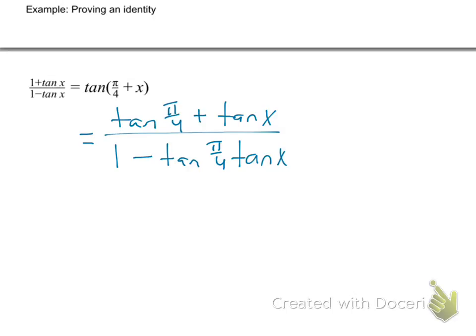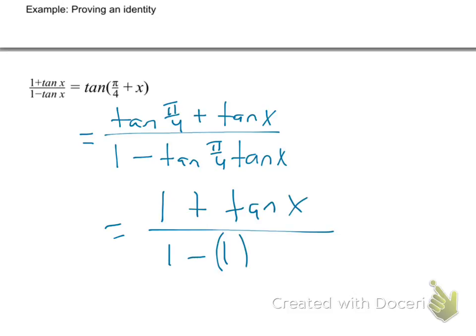But like I was saying before, when we were looking at this and trying to evaluate things, hey, wait a minute, what is tangent of pi over 4? Tangent of 45 degrees. It's going to be 1. So this ends up equaling 1 plus tangent of x over 1 minus 1 times tangent of x.